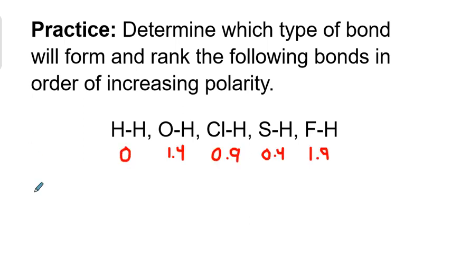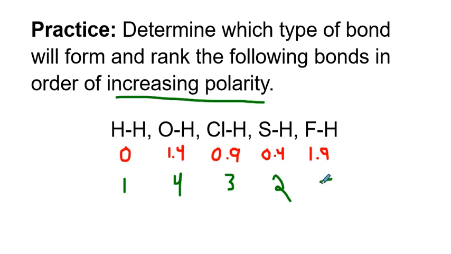And there's all the electronegativity difference values. So if we're doing this in increasing polarity, from lowest to highest, this guy's number 1, and then we have number 2 right here. Number 3 is this guy. Number 4 is our oxygen hydrogen, and then number 5 is fluorine to hydrogen, which makes sense because fluorine has the highest electronegativity.